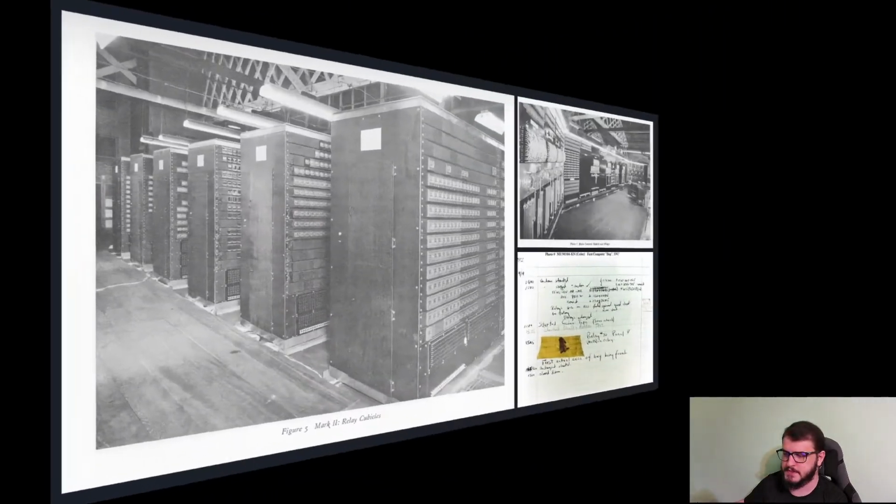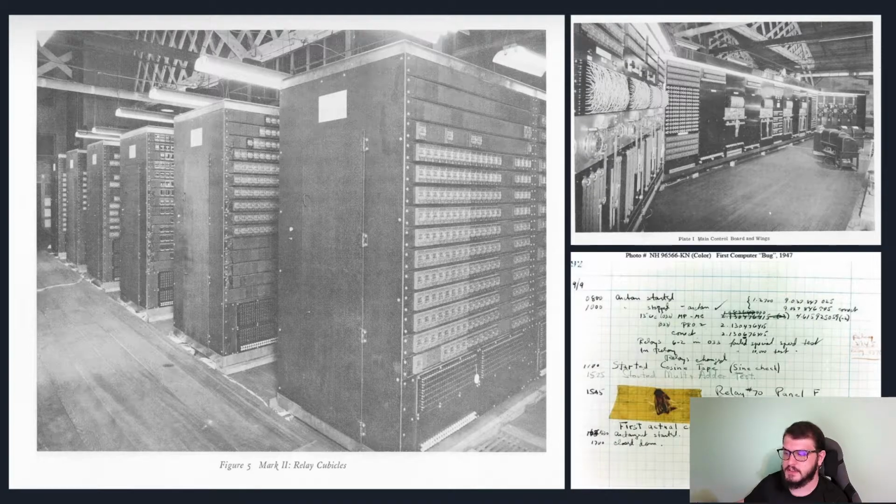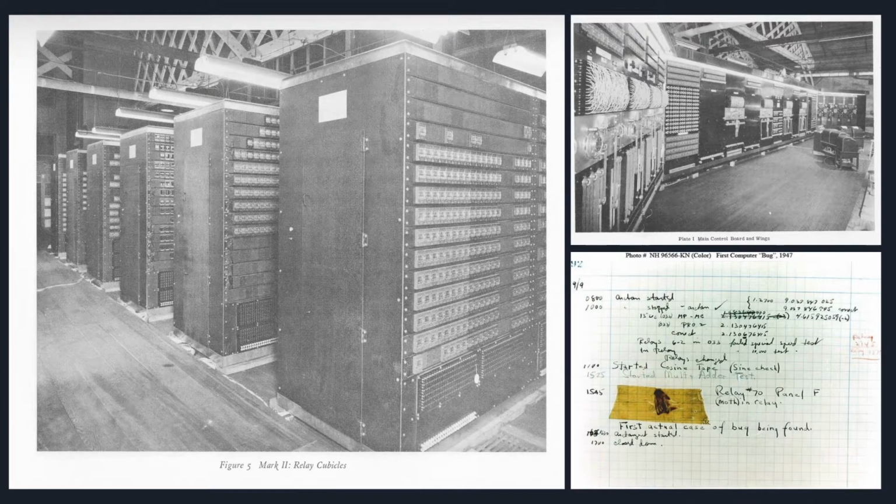However, the first computer bug was discovered later on, in 1947, a period when the computers were as big as a room. These are some photos of the Mark II computer. On September 9, 1947, the computer scientists reported that the computer was malfunctioning.